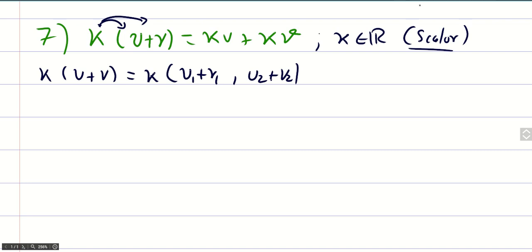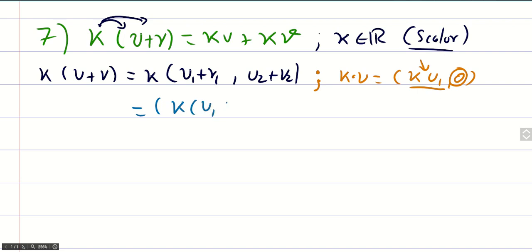And here I'm going to make a remark: remember that in this space V, the multiplication of a vector by a scalar is defined as (k u1, 0). That means that we only multiply the first component of the vector and the second component becomes 0. So following that rule, we obtain here k times (u1 plus v1) and here 0.